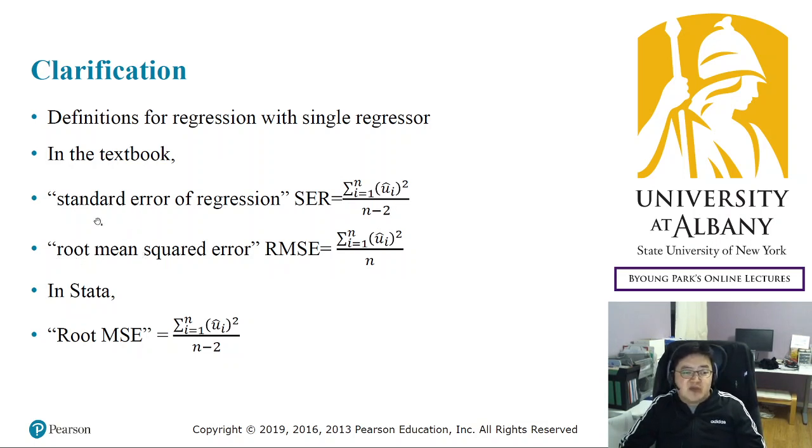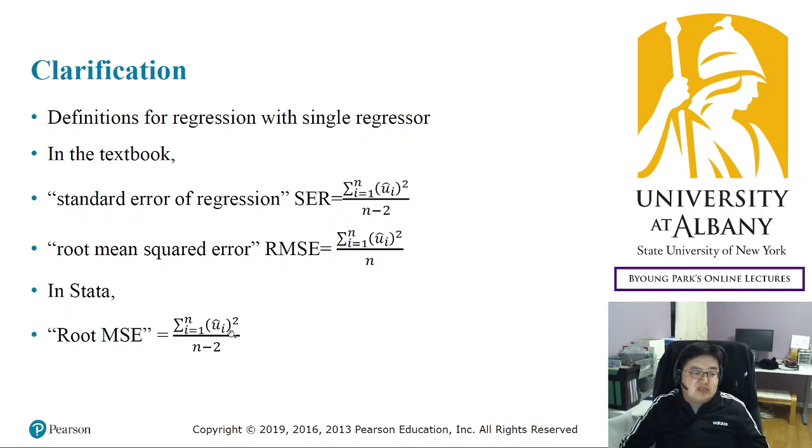And on the other hand, root mean squared error was defined in this way, using n. But in Stata root mean squared error means what SER meant in the textbook.